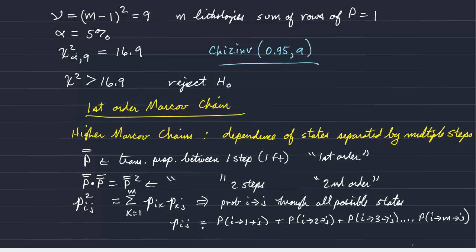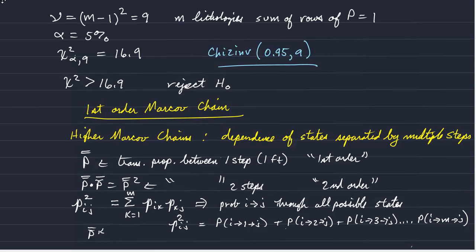So this gives you a little bit of intuition for a different way of showing why the second order Markov process is described by the product of P with itself. And as I mentioned before, the kth order transition probability matrix is P multiplied by itself k times.